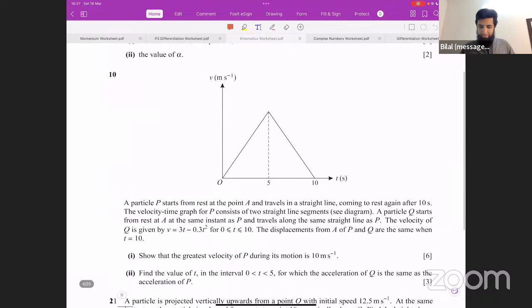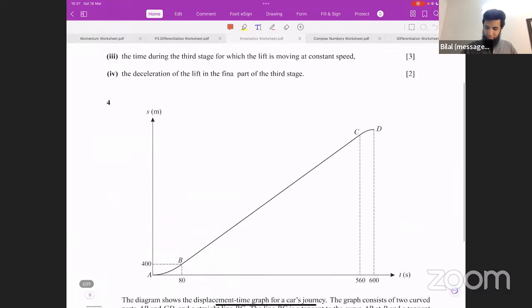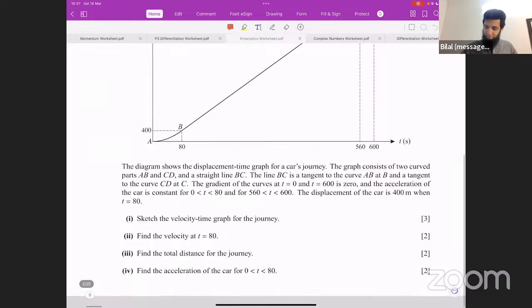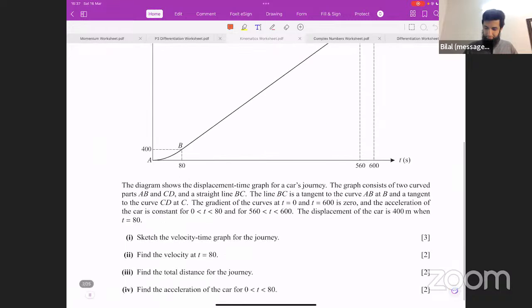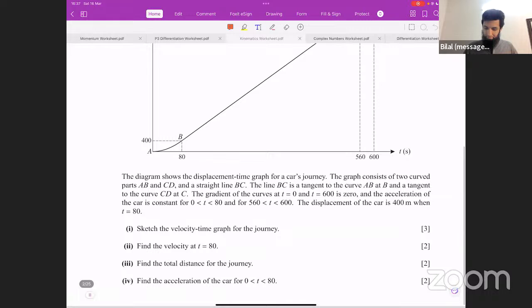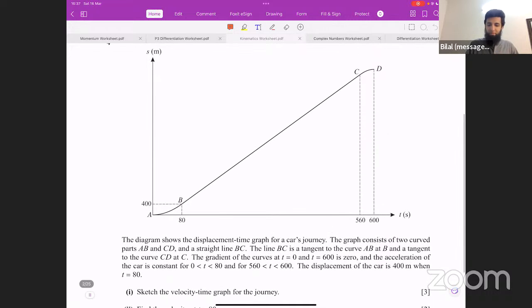All right, let's have a look at a graph question, a relatively simpler one, maybe. Okay, let's try this one. Question number 4 from the worksheet.